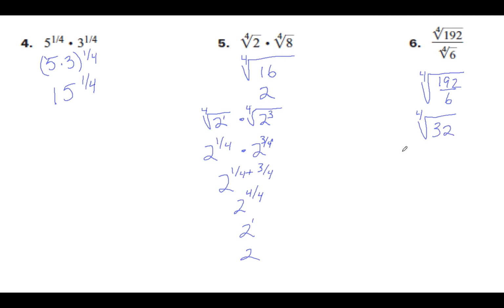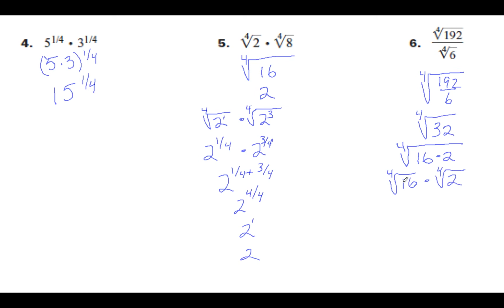Okay, now the 4th root of 32, are there any perfect 4th roots that go into 32? Sure. 16 times 2. 16 is 2 to the 4th power, so the 4th root of 16 times the 4th root of 2.